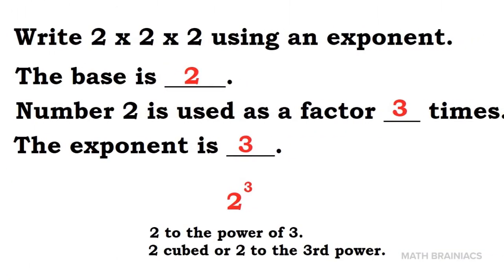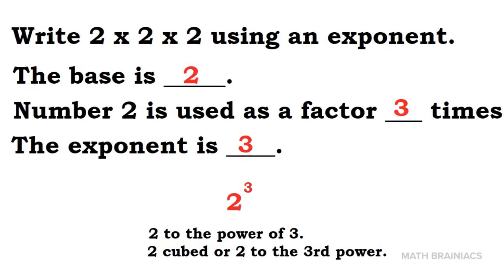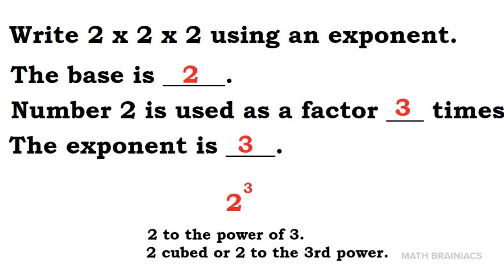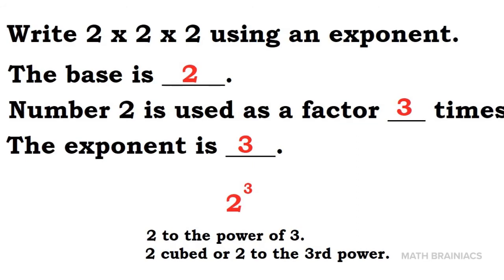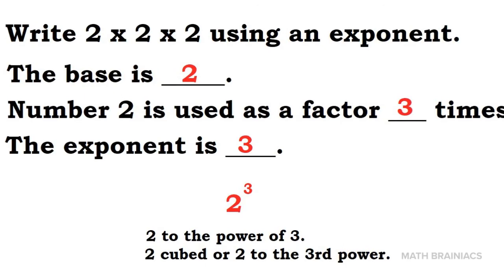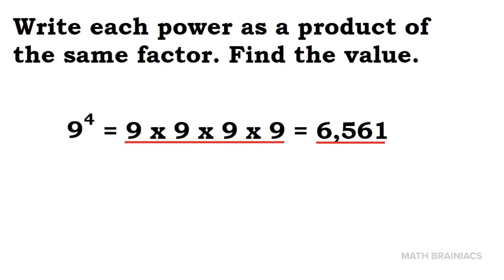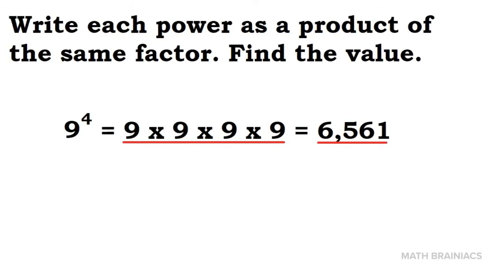To wrap it up, you can write the number straight away using an exponent by counting how many times the base was used as a factor. You can see that the base was multiplied here 3 times. So, the base raised to the power of 3. 2 to the power of 3. Accordingly, to write each power as a product of the same factor, it is the other way around. Just remember that the exponent tells how many times you are going to multiply the factor.